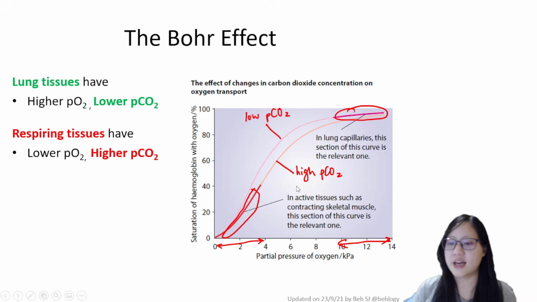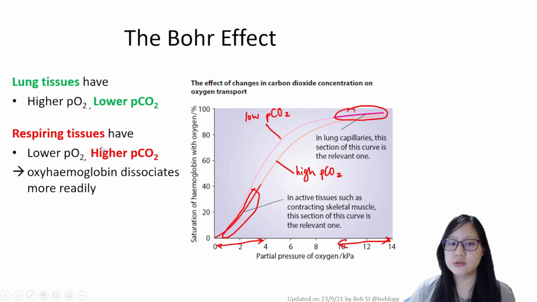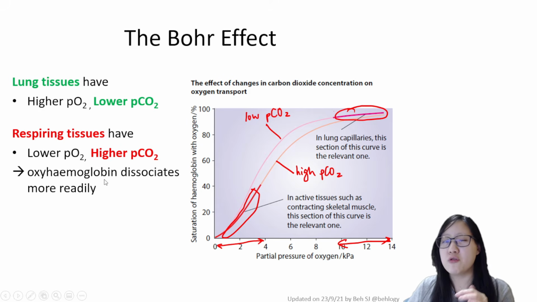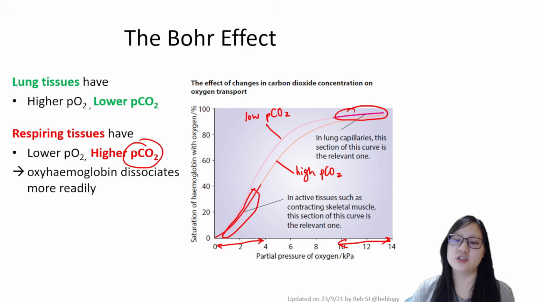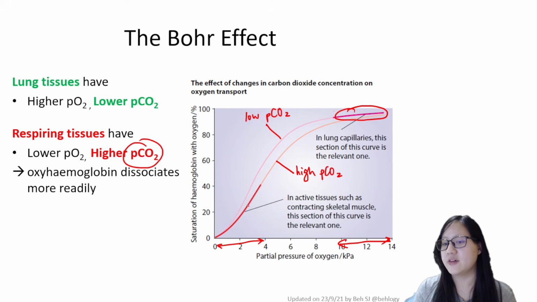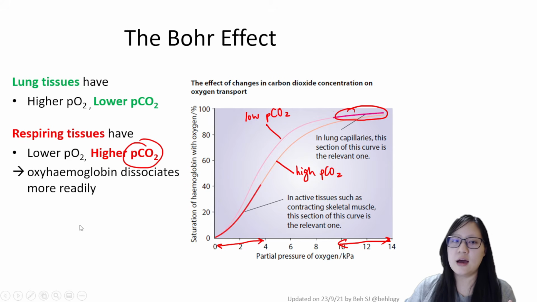This tells us that at the respiring tissue, oxyhemoglobin doesn't only dissociate readily, it dissociates very readily, more readily than expected because of this high partial pressure of carbon dioxide. So this curve is lower than the other pink line, right? This is lower.